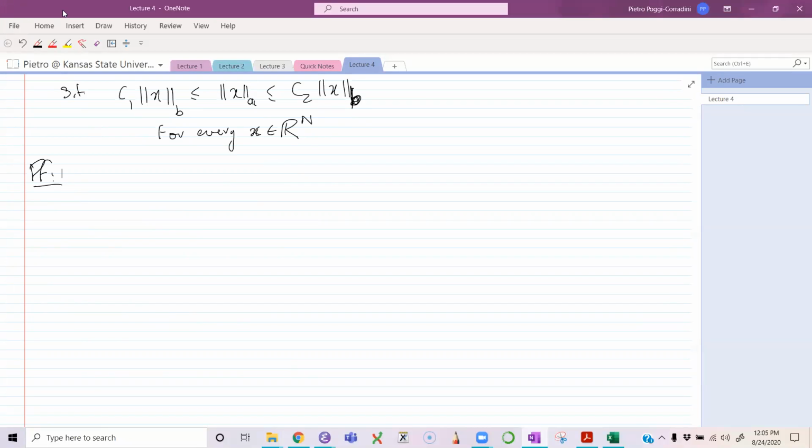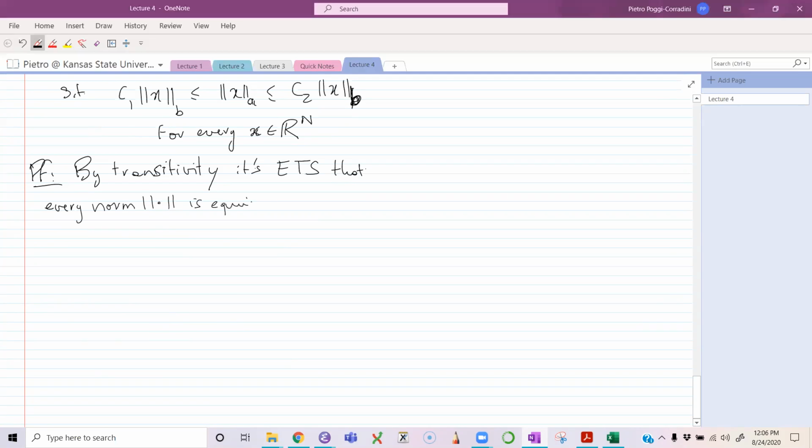So if A is equivalent to B and B is equivalent to C, then A is equivalent to C. So by transitivity, it's enough to show that every norm in Rn is equivalent to the one norm, for instance, but this is one way to do it.